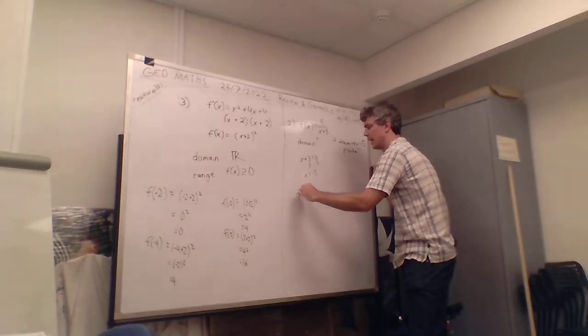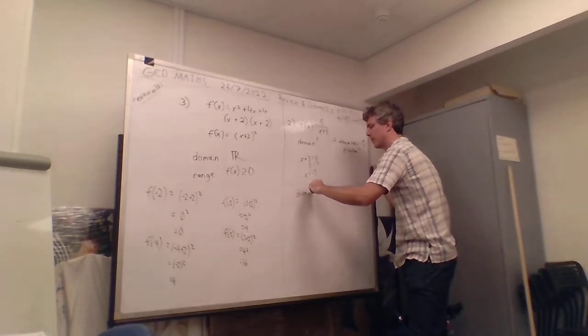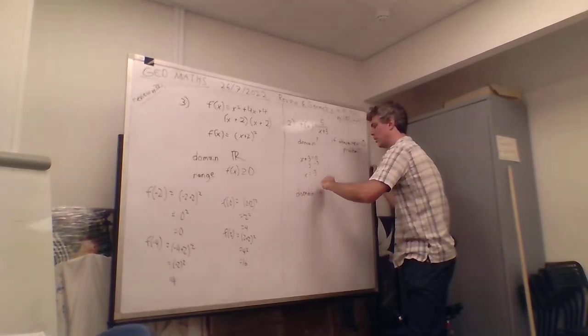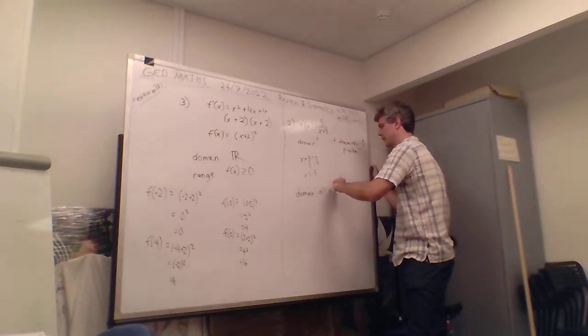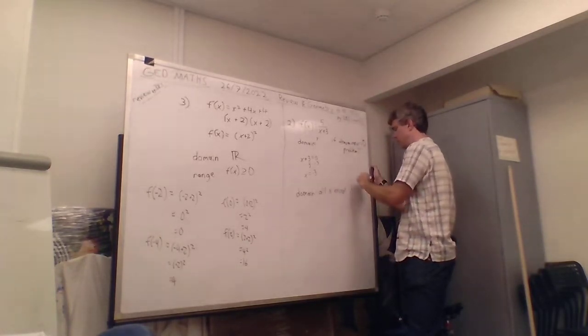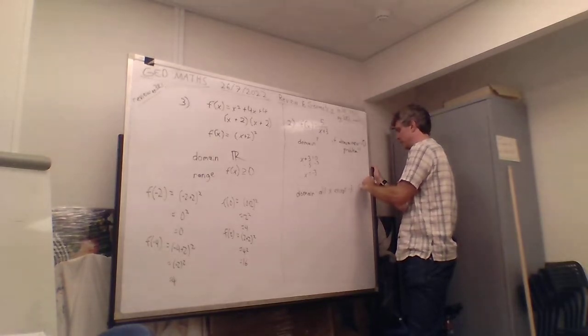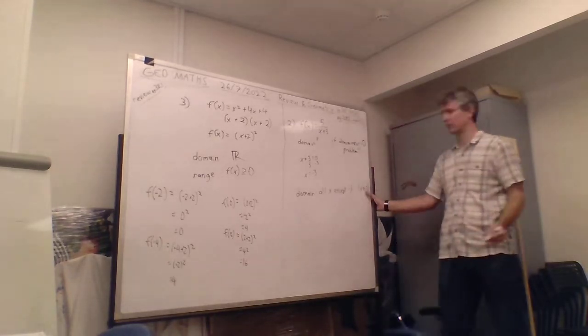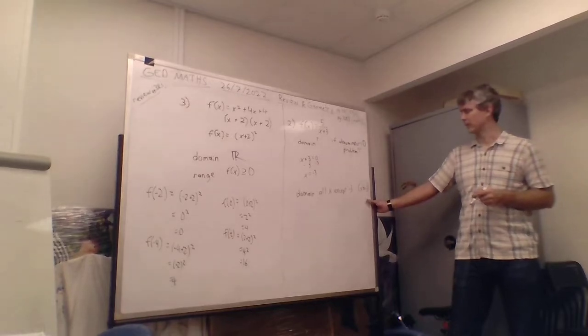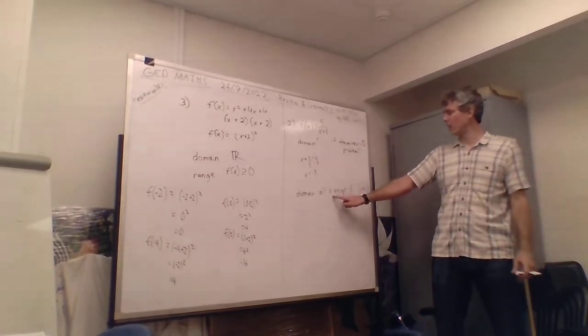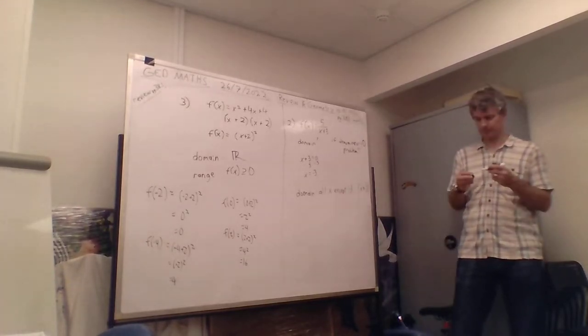So that means the domain is all x except minus 3. Or you could just put x not equal to minus 3, equals with a line through it.